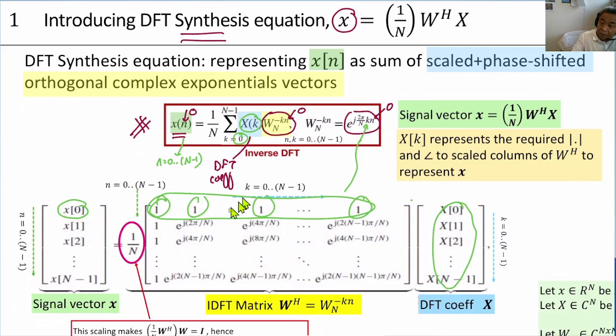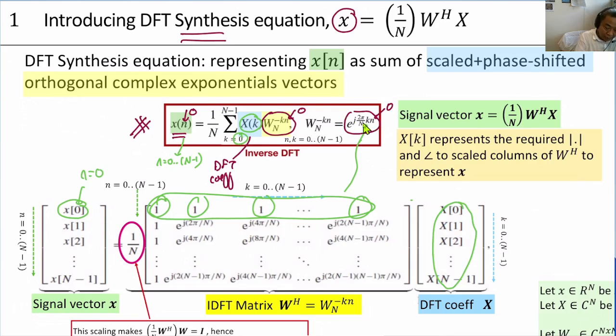And for how we are iterating across the row, this row along the columns is from k equal to 0 to N minus 1. If you plug in all the values, you will see that in the first row, because small n equals 0, all the entries have value 1, because it's e^(j2π/N) times k times 0, everything is 1.